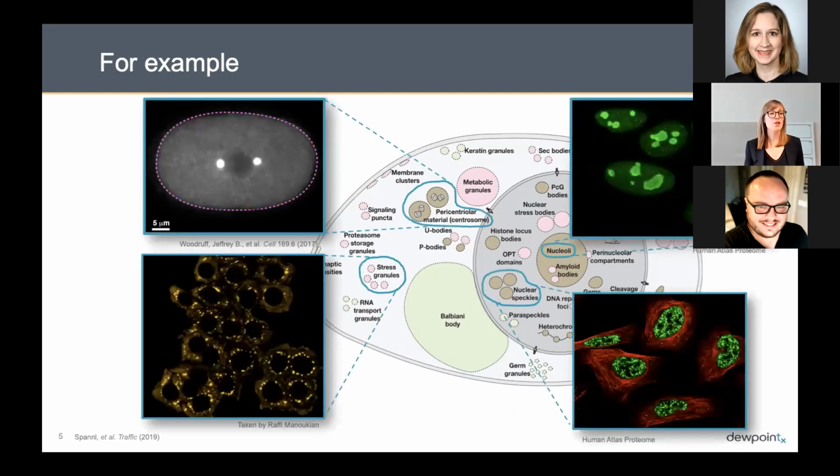So these are some real images of these condensates to start getting a flavor of how they look. For example, these are the centrosome, stress granules. We can see here the nucleoli and nuclear speckles.